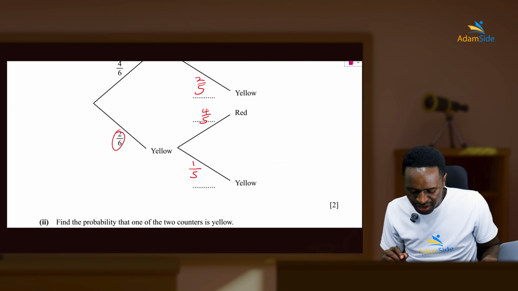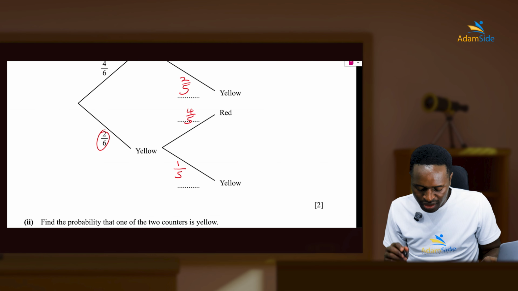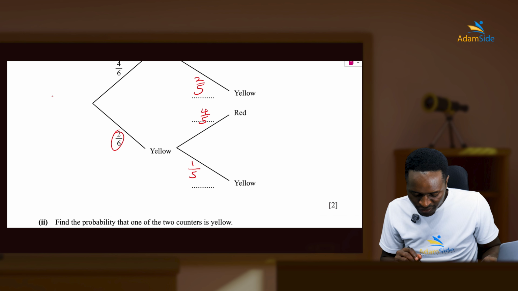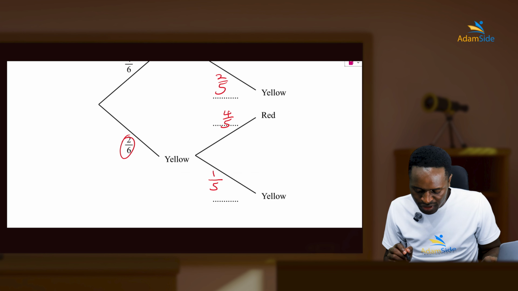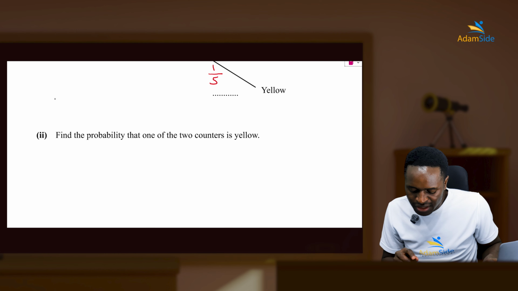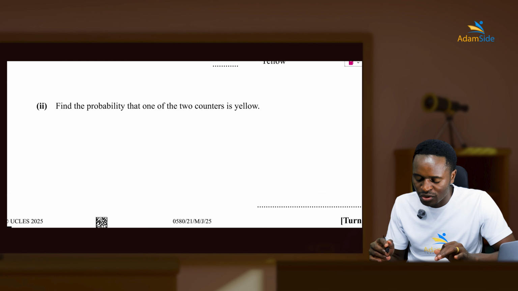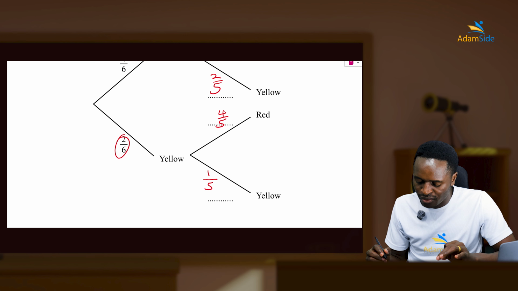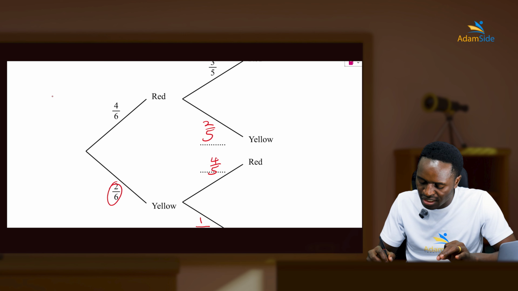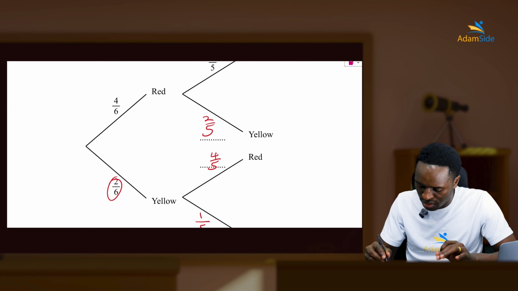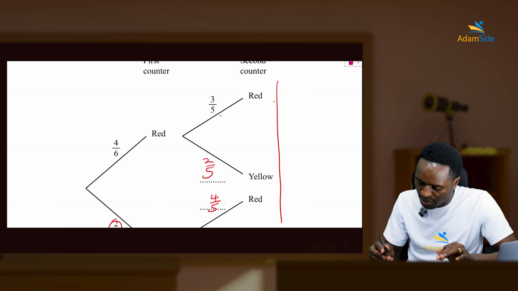And then you say find the probability. It's a tree diagram you display like that. And then you say find the probability that one of the 2 counters is yellow. So we go back to our outcome diagram. So we write outcome.